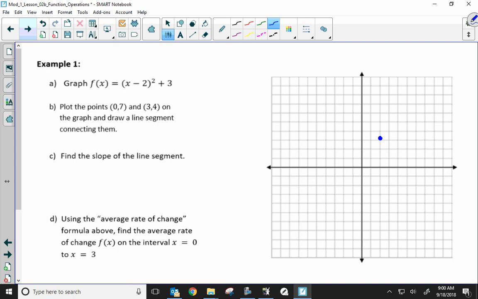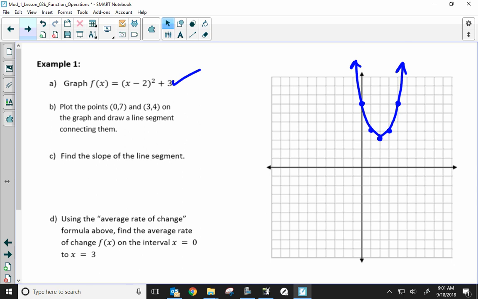So here's going to be my vertex. It's going to go up 1 on each side. And then when x is 1, 2, 3, 4, that's going to be 2 squared equals 7. 4, 5, 6, 7. I believe that would be right here. This right here will be the graph. Done.